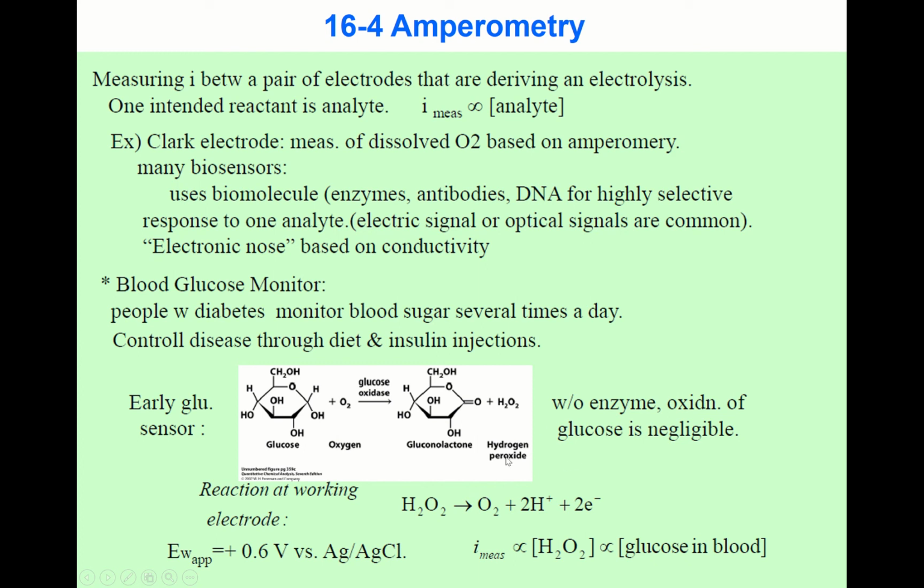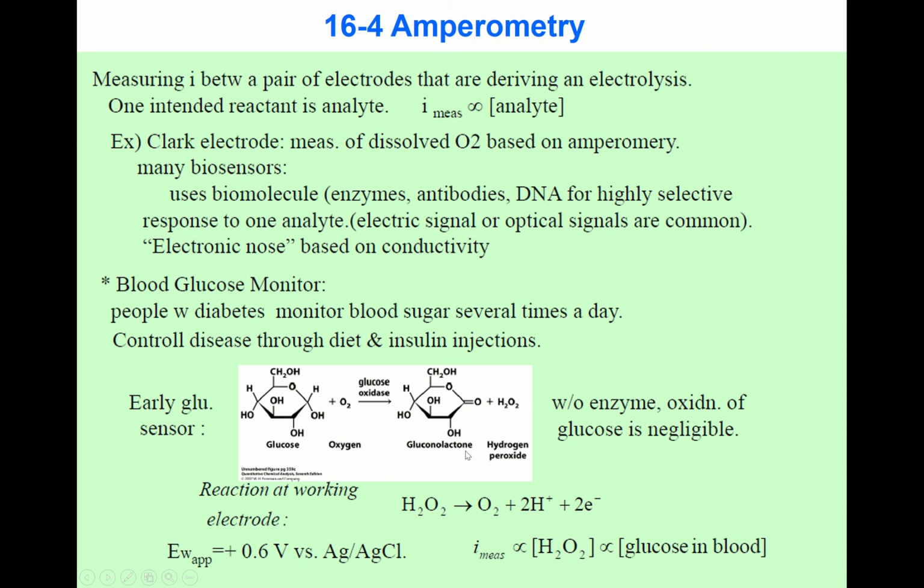Also, one of the main reasons to use glucose oxidase is that it is an enzyme, and it selectively reacts with glucose. Although there are many species in blood, glucose oxidase only picks up glucose.